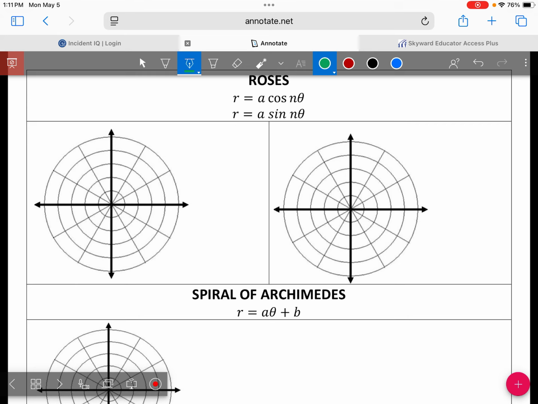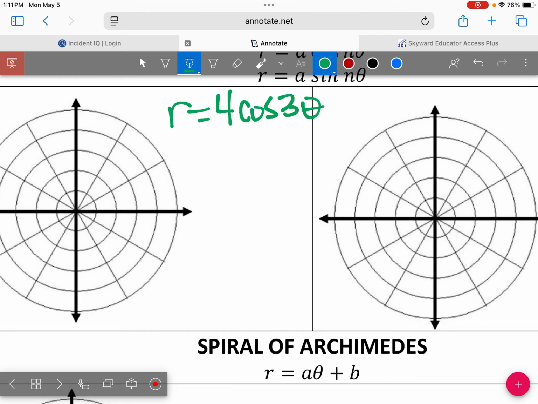if you have R equals 4 cosine 3 theta. I don't know why I'm leaning so hard on cosine, but I guess I'm feeling cosine. Okay, so if we do that, whatever number I put here, if this is odd, that's the number of petals I'm going to have.